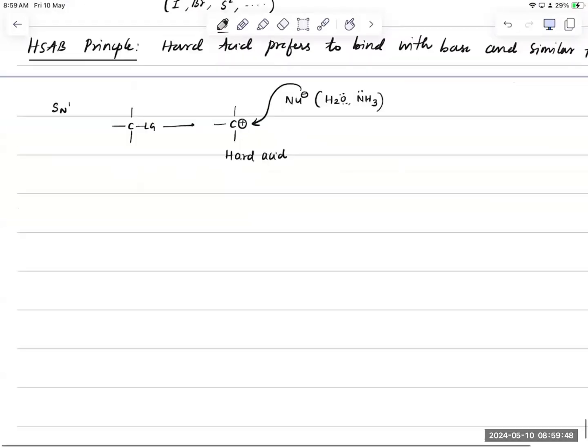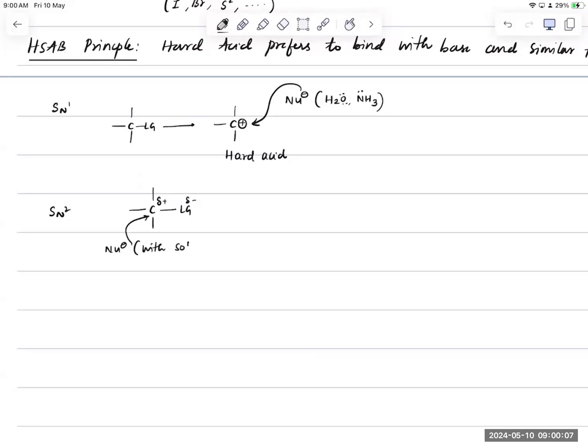But if you have SN2 type of reactions, where the leaving group is not going completely, it is only generating delta positive and delta minus charge. In that case, the nucleophile which is acting will be better with soft bases, like I minus, N3 minus, AcO minus.